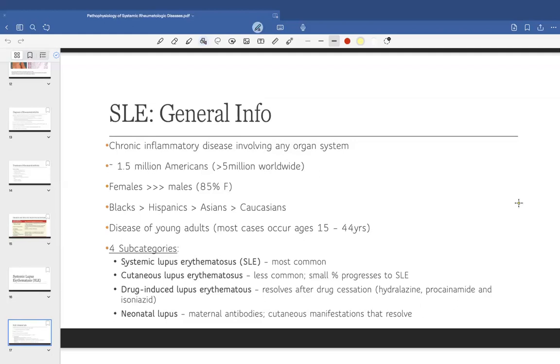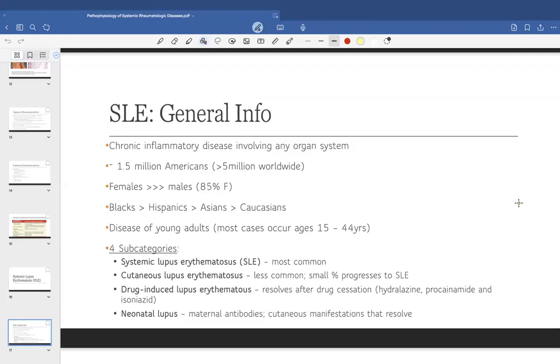The most common one we abbreviate as SLE, systemic lupus erythematosus. There is a cutaneous lupus. This is less common, but a small percentage of these patients will progress to full-blown systemic lupus.